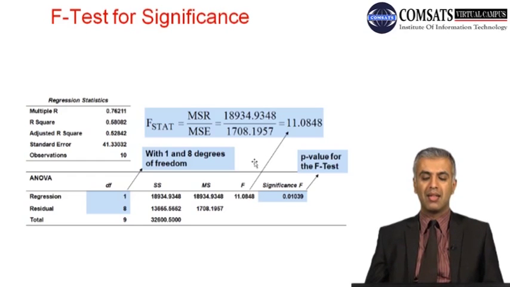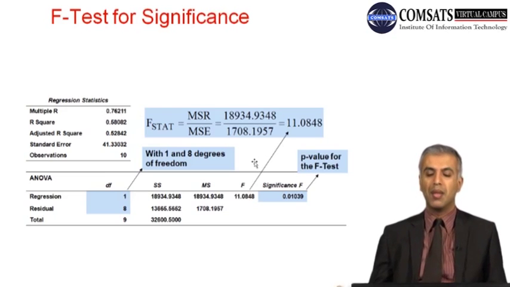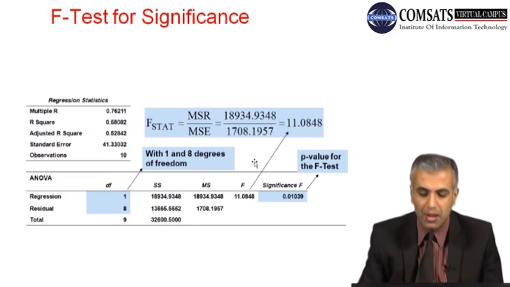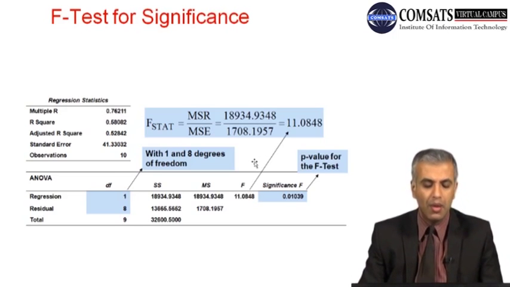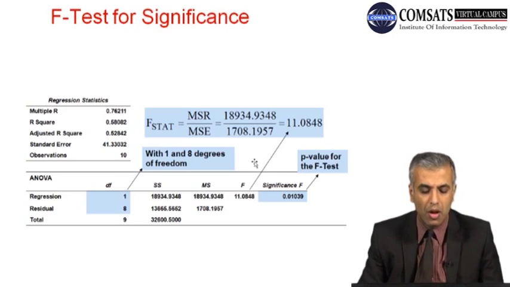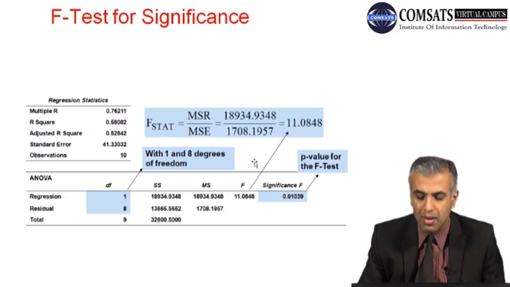And in this you can see that the F statistic is clearly mentioned through the formula which has been there. We calculated the value, and we also calculated how many degrees of freedom we have in this case, which is quite important.